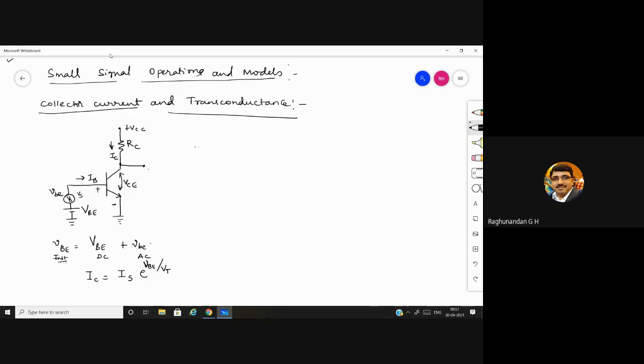Here IC is the collector current which we obtain at the output side, and vBE, small v capital B, means the instantaneous voltage, which is the combination of DC as well as AC. And what is VT? You might have seen this VT in many cases. Is it the thermal voltage? Yes, it's the thermal voltage.